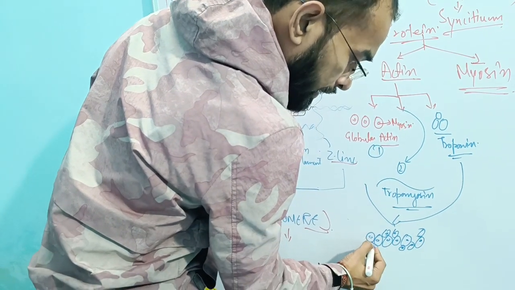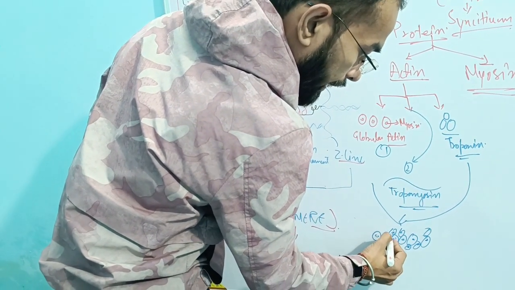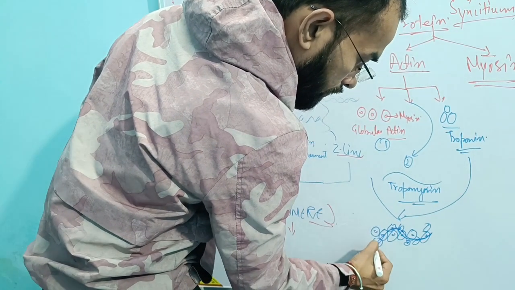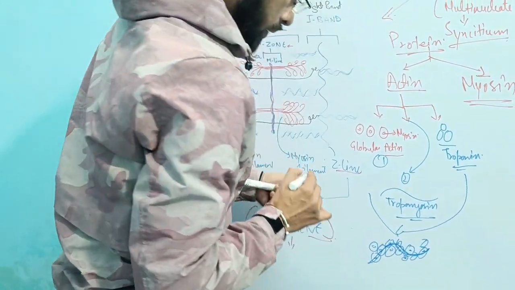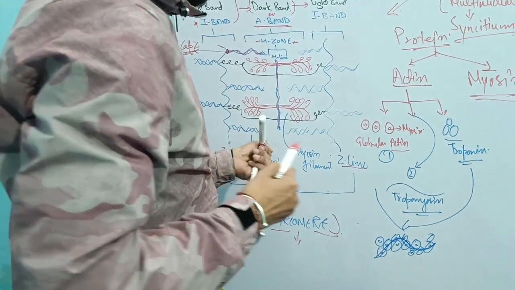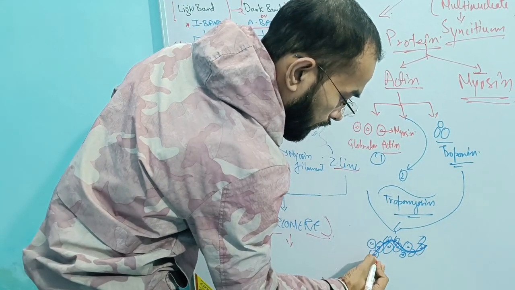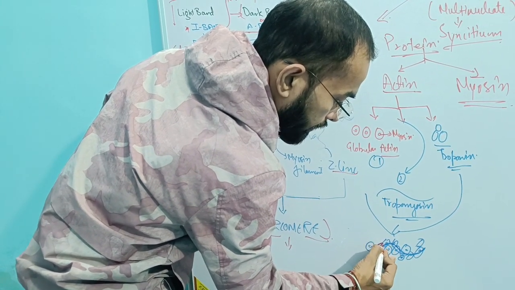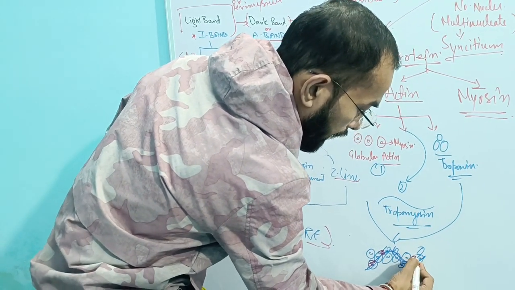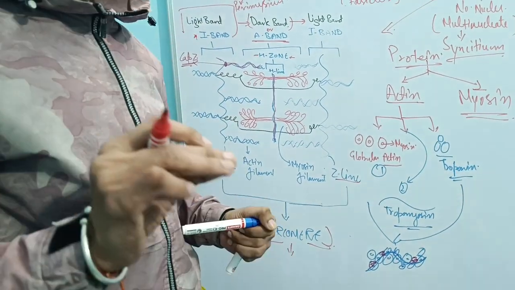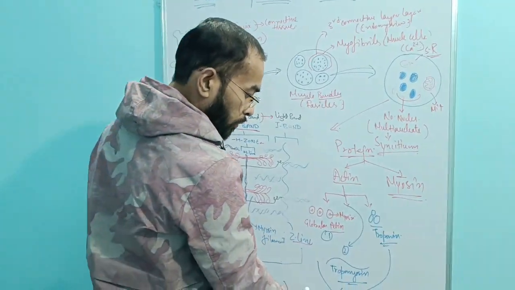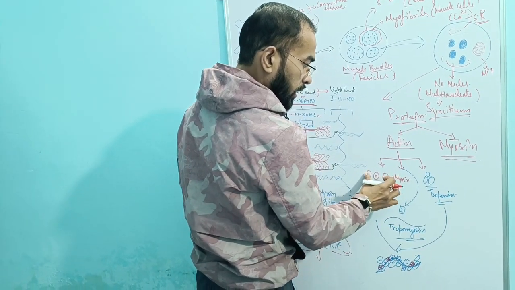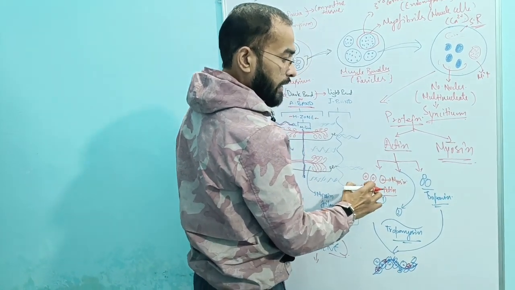and this site in a resting state is covered by the troponin, and the position of troponin is stabilized by the tropomyosin filament. That is, in resting state, the troponin and the tropomyosin cover the myosin binding site on actin.